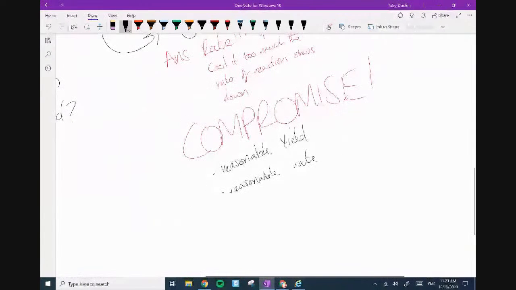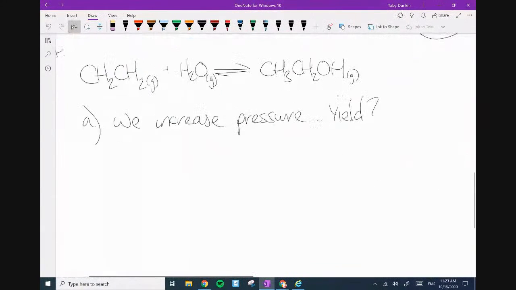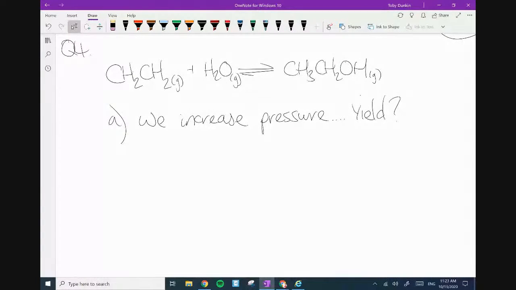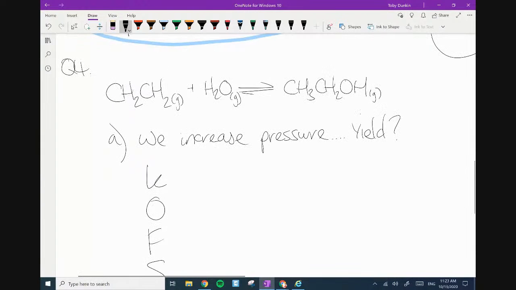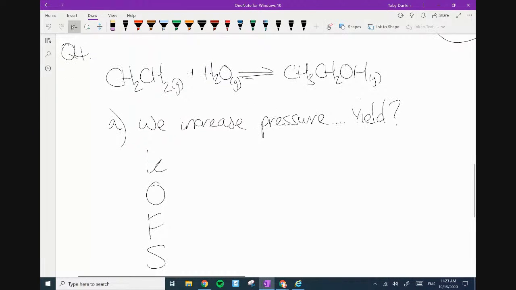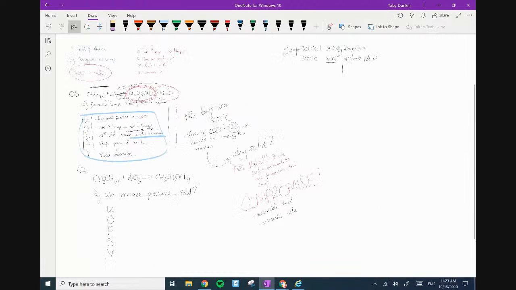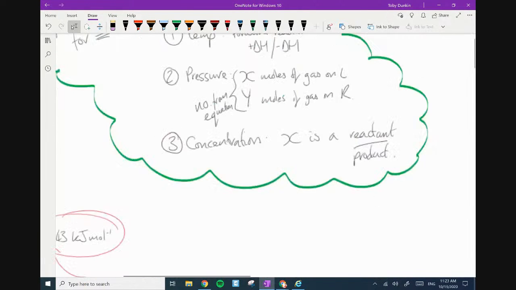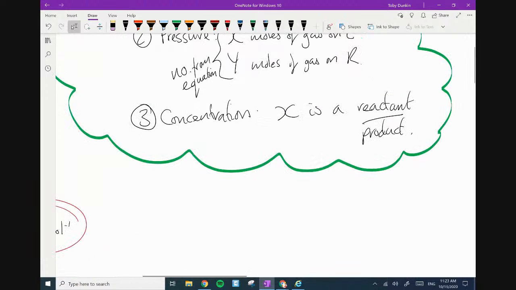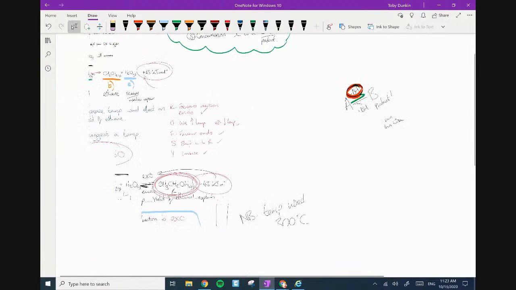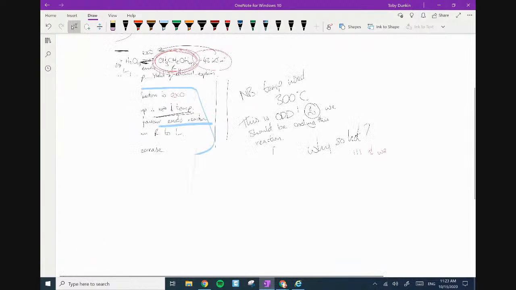Cool. Okay, so this one, pressure. Right, let's run KOFS on it, folks. Okay, so knowledge. Now, we learned earlier in the lesson that the knowledge part of this for pressure is moles of gas on the left and moles of gas on the right. So how many moles of gas do I have on the left?